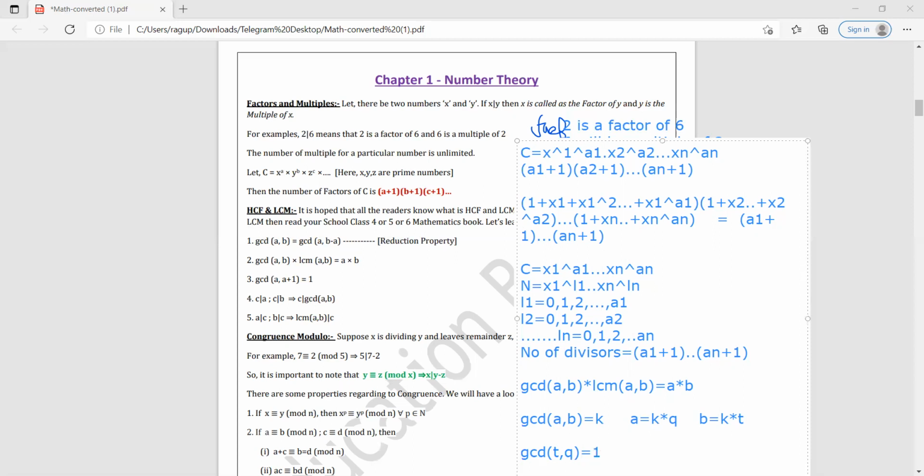If they are coprime, then our LCM would be KQT. And why is that? Because LCM is basically a common multiple. Let's say our LCM is KQ into alpha, equal to KT into beta.